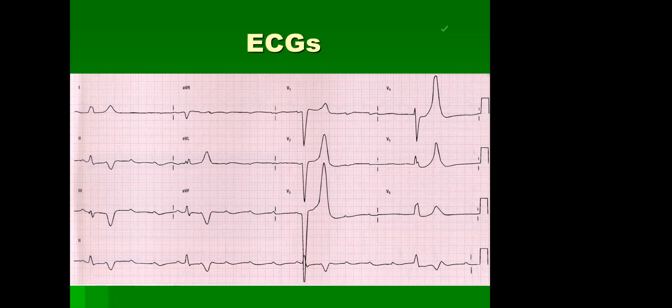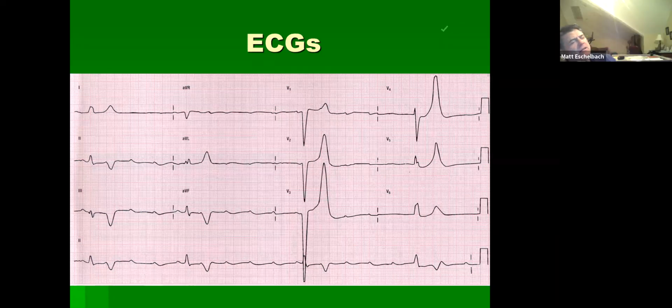So intrinsically, the AV node or the sinoatrial node has an underlying pulse of about 60 to 80. And most of the time you're going to see a heartbeat between 60 and 80.